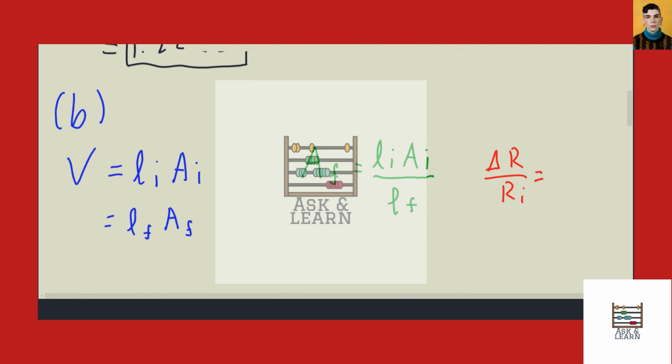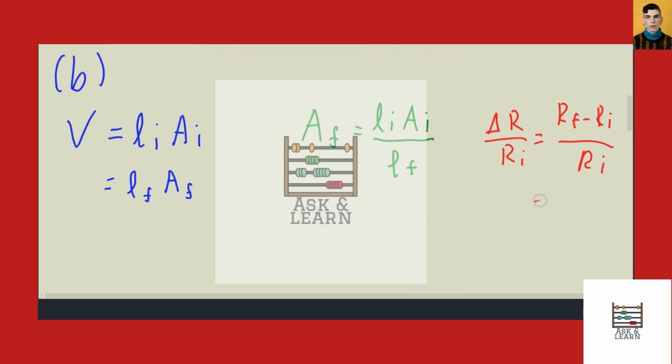And so we can write this also as R of F minus R of I divided by R of I, which we can then also write as R of F divided by R of I minus 1.